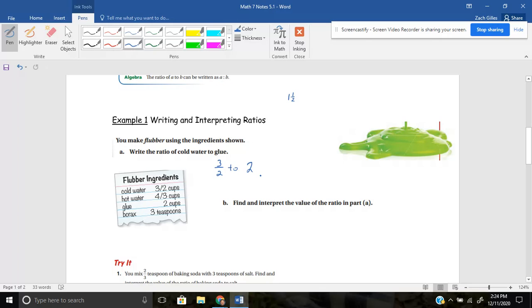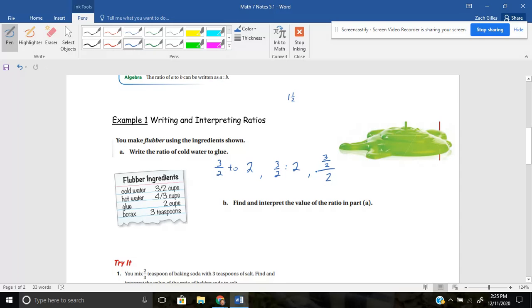You could also write that this way, 3/2 colon 2. Or remember, you could write it as a fraction, 3/2 over 2. For every 3/2 cups of cold water you use, 2 cups of glue. Any of those would work for that ratio.